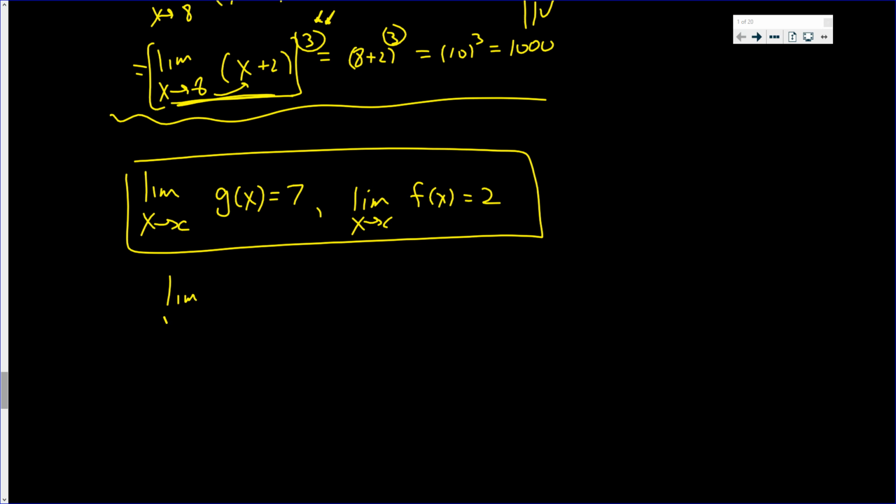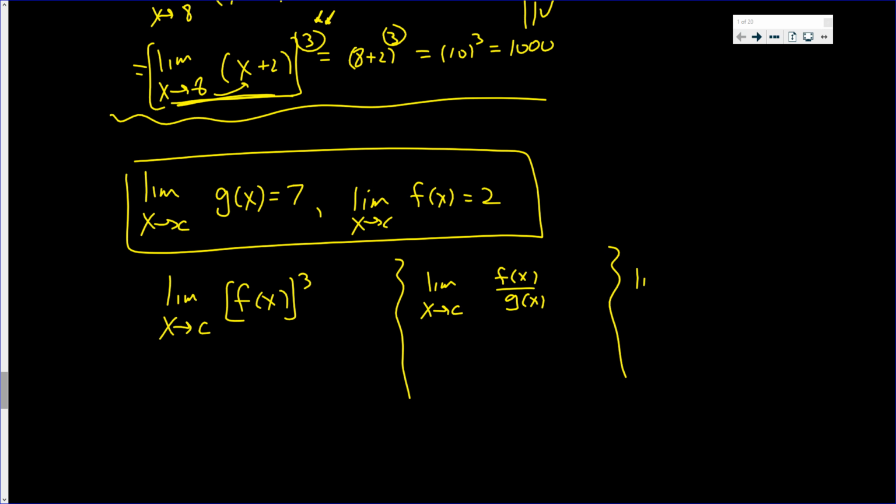What is the limit as x goes to c of f(x) cubed? Let's actually write them all down. What is the limit as x goes to c of f(x) over g(x)?